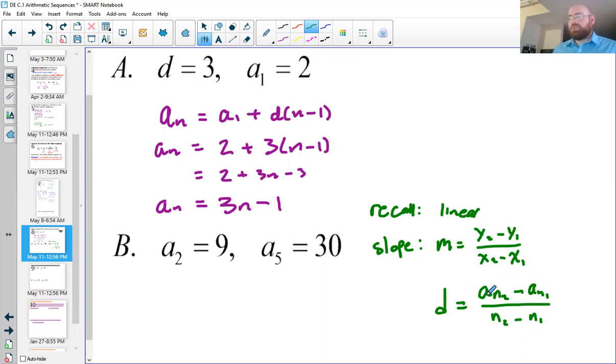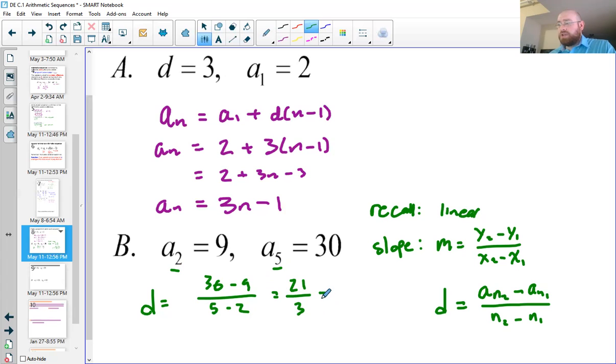This looks a lot more challenging than it needs to, because what I'm going to do is take our second one, 30 minus 9, and then I'm going to have 5 minus 2. And so 30 minus 9 is 21, 5 minus 2 is 3, and 21 divided by 3 is 7.